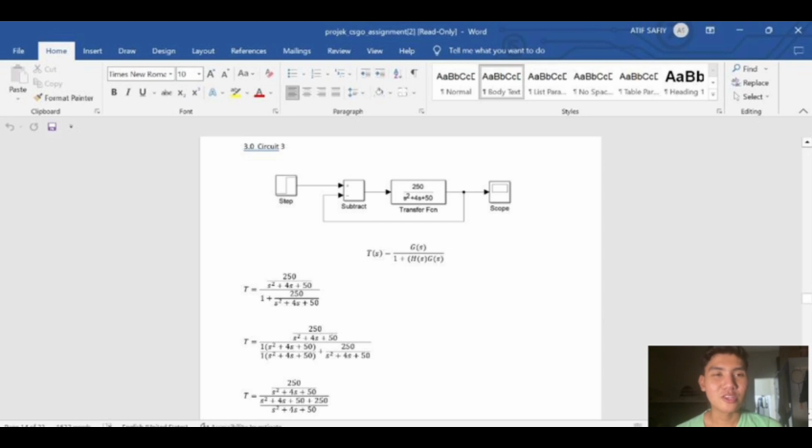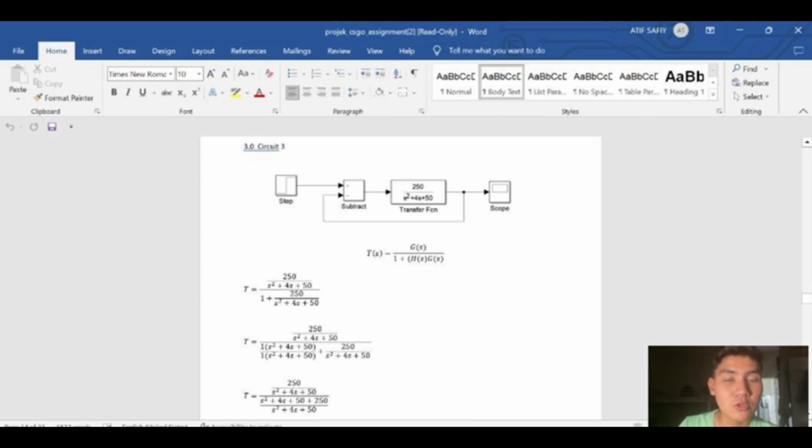Today I will explain about circuit 3. The transfer function that we got is 250 over s squared plus 4s plus 50. As we can see, this question is an open loop, so we are going to use the closed loop equation, which is T(s) equals G(s) over 1 plus G(s).